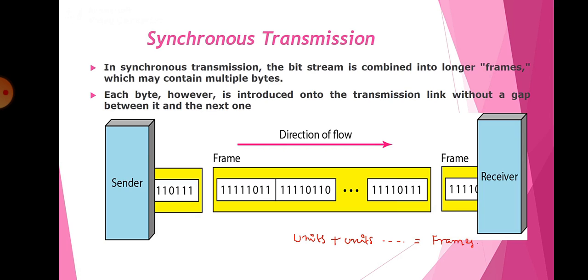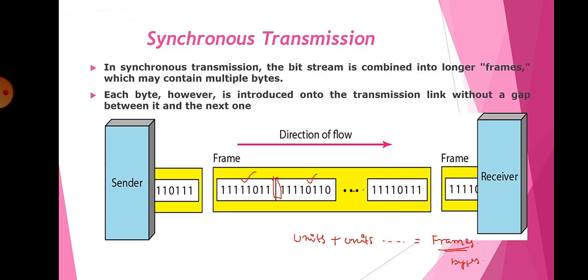These frames may contain multiple bytes. Each byte, however, is introduced onto the transmission link without a gap between the data units. So here we can observe that this is one data unit, this is one more data unit, and so on. There is no gap between the data units.